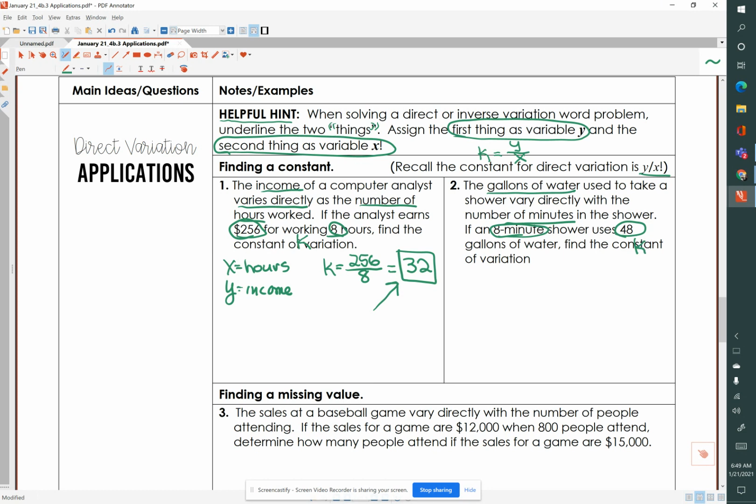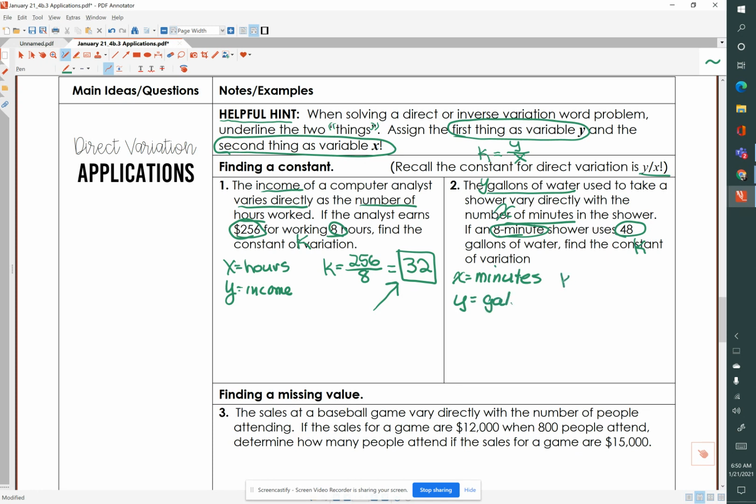So let's think about our helpful hint. Assign the first thing, gallons of water, that's going to be our y. Number of minutes is going to be our x. Let's define it. Always define your variables. So x is number of minutes, and y is how many gallons of water are used.